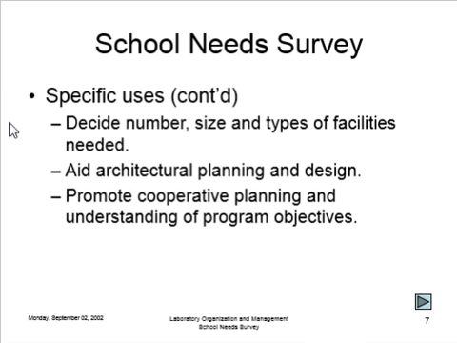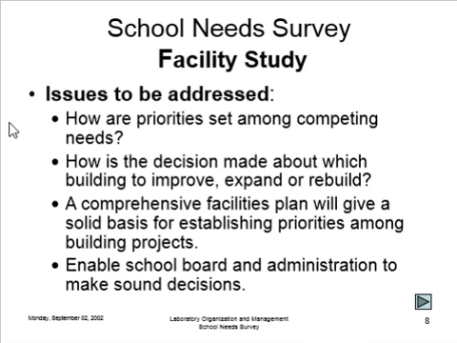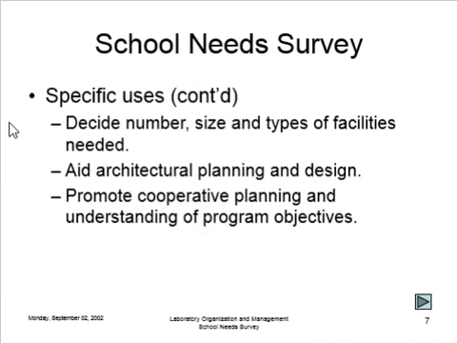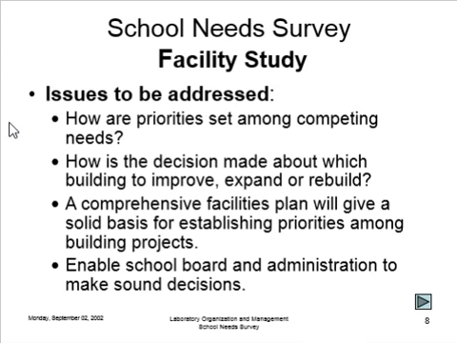Promote cooperative planning and understanding of program objectives. Stimulate effective and economical planning of facilities. So generally, the survey examines areas of employment opportunities, population characteristics, career interests of young people, and occupational programs necessary for a wide range of curricula.